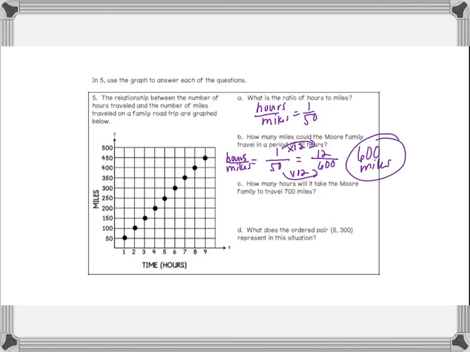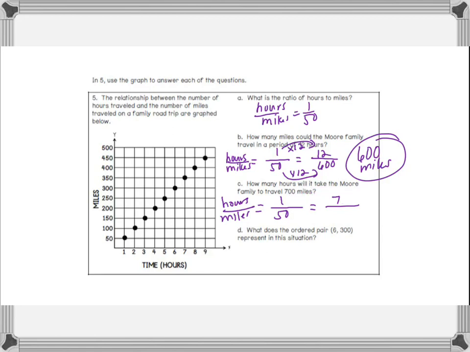How many hours will it take the Moore family to travel 700 miles? We're just using the same situation. Hours, miles, 1 to 50, and we're going 700 miles. Okay, so we're going to multiply 1 times 700 in order, oops, I did something wrong here. What did I do?